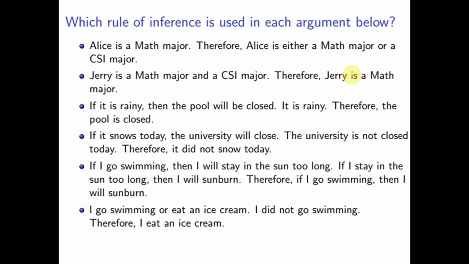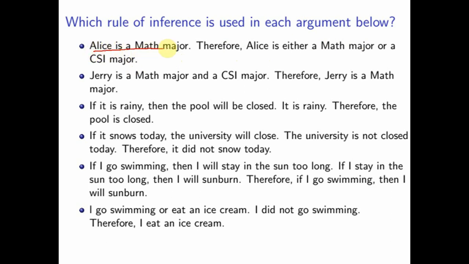These are certain statements. Now we will see which rule of inference is being used in each argument below. The simple way of performing this is, once you are given a question like this, you have to identify the propositions. Alice is a math major, therefore Alice is either a math major or a CSI major, right?